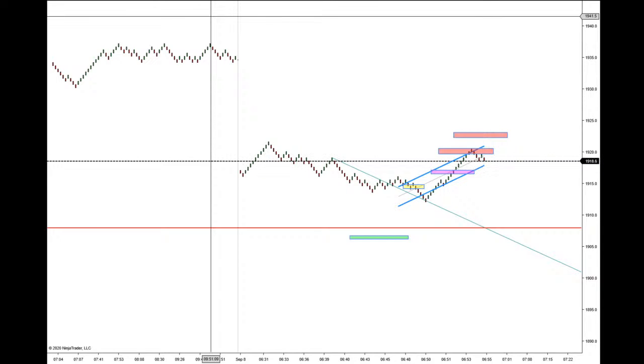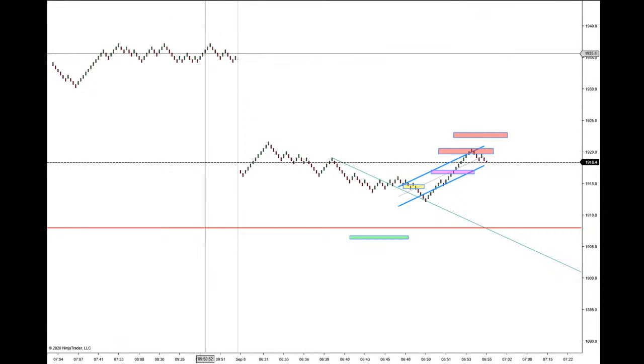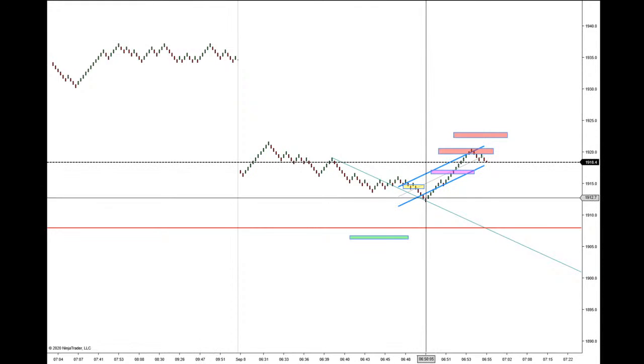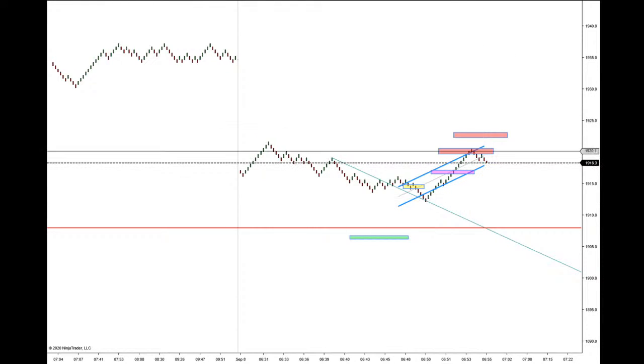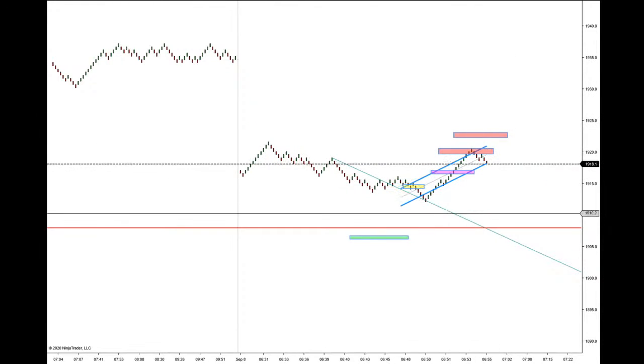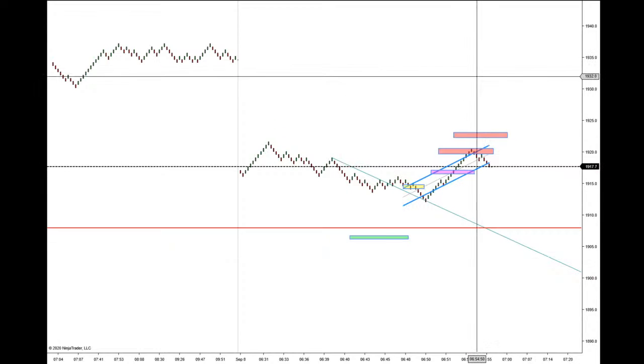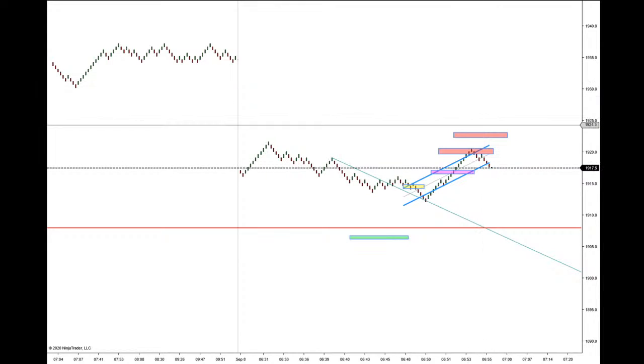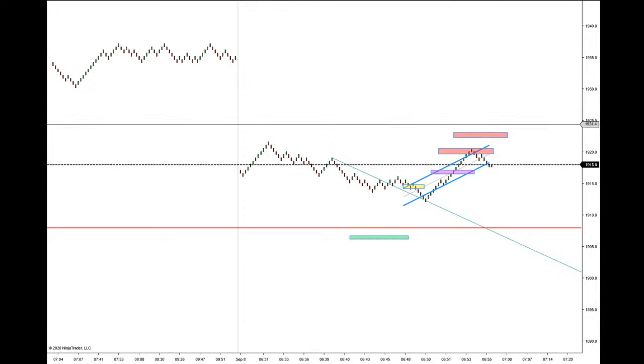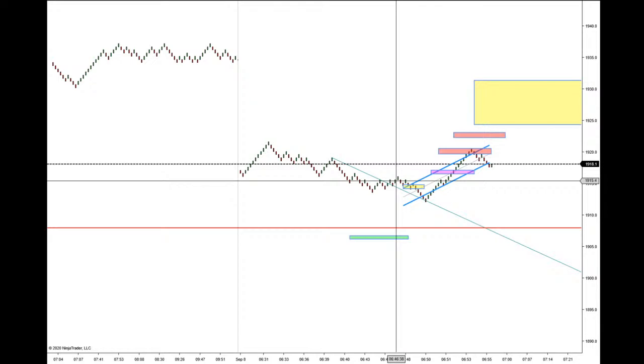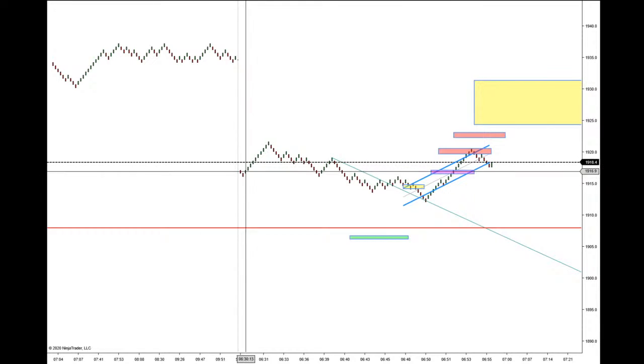So it would be a wave B to the upside, right? So it would be 1, that's the beginning of B right there. So I'm going to have to draw a new one. All charts, yellow. That's the target right there.